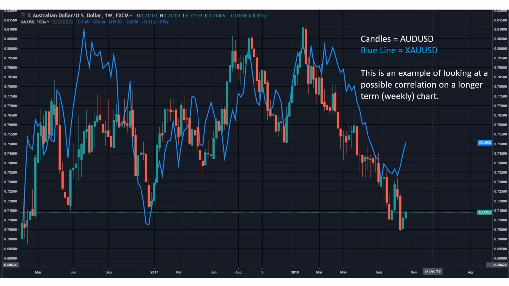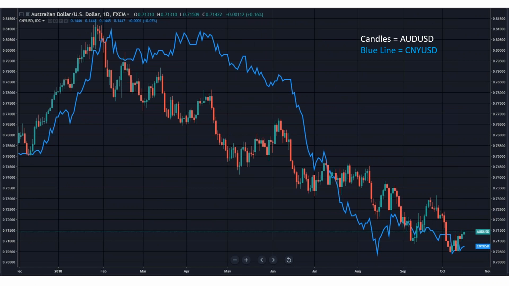So this is one that you've got to zoom out over long periods of time to see. It's not necessarily tick for tick, but if something sharp happens to the price of gold in the near term, it's reasonable to expect you might see some impact to the Aussie dollar, depending on the nature of what's going down.